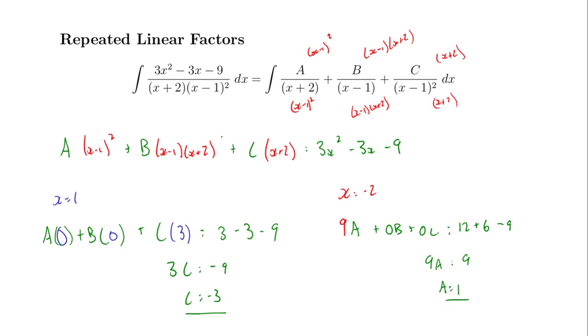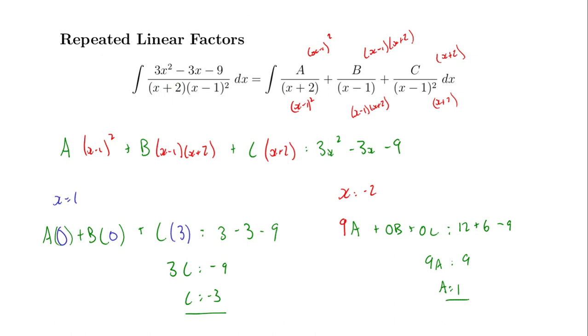Notice that there's not a nice x value that we can pick to get the b coefficient. What that means is that if we went back to the very beginning, you can do the cover-up method. You can cover up the x plus 2 and evaluate the rest at negative 2, and what you'll get is 1, and that's for a.